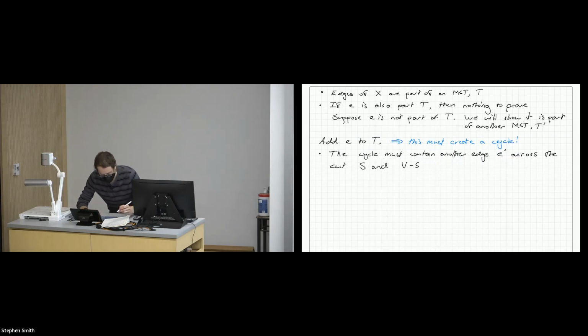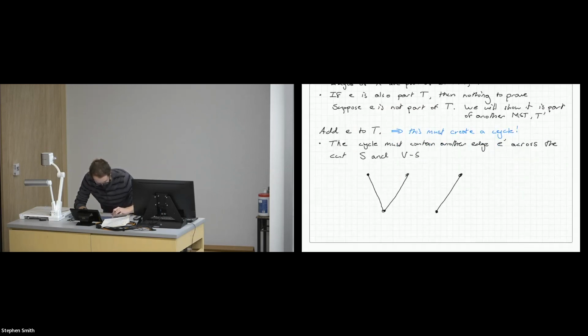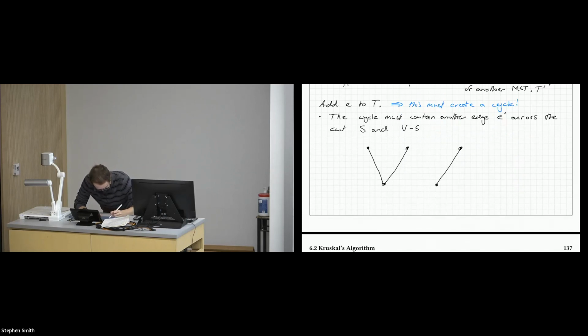So it's going to look something like this. I have my graph. Let's draw it like this now. Let's say that our partial solution X, what color? Pink. Was this.